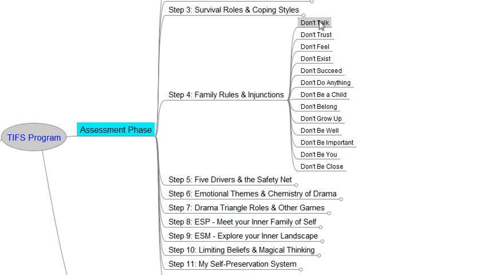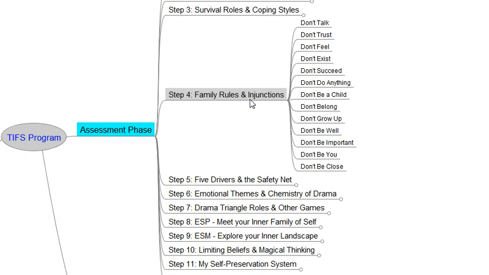Our family may teach us don't talk, don't trust, don't feel, don't be or don't exist, don't succeed or don't do better than me, don't do anything, be careful, don't be a child, don't belong, don't grow up, don't be well, don't be important, don't be you, be who I want you to be, more like your brother, don't be close.